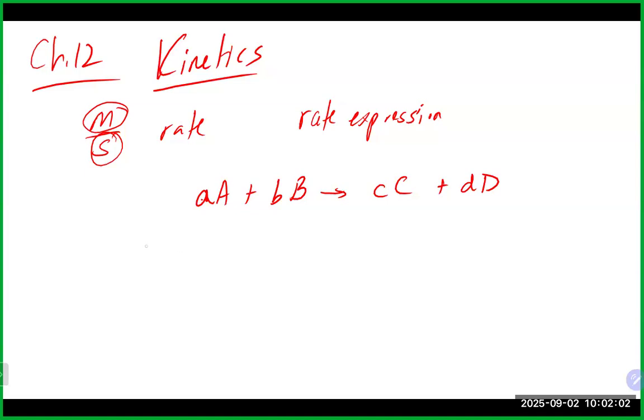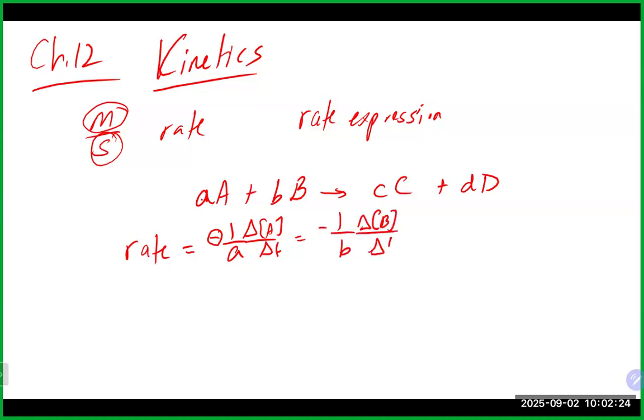So we could write something like the rate is equal to minus 1 over the coefficient, which is A. And again, we're going with minus here because this is a reactant, which means it should be decreasing with time. Change in the concentration of A over the change in time. That would equal minus 1 over B, change in the concentration of B over the change in time.